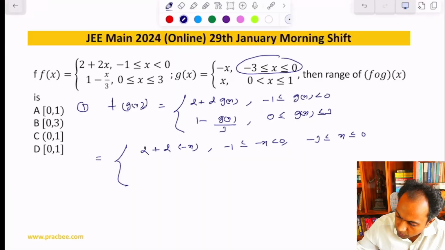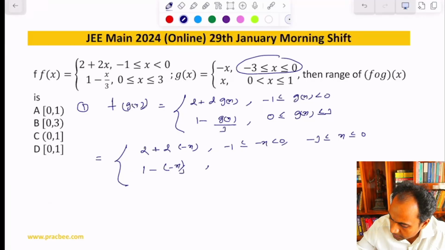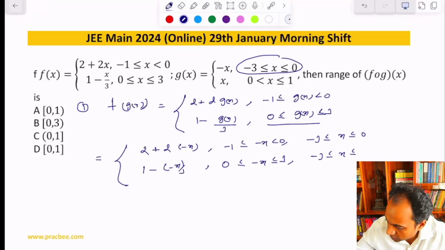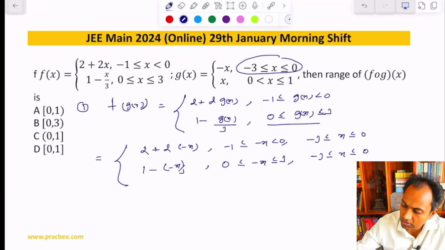And then again I will put this in the second part also. So 1 minus x by 3, and then let us put this value here as well. So 0 is smaller than equal to minus x is smaller than equal to 3, and then write the same for which this value of g(x) came. So you can see that I am copying down these parts from here.